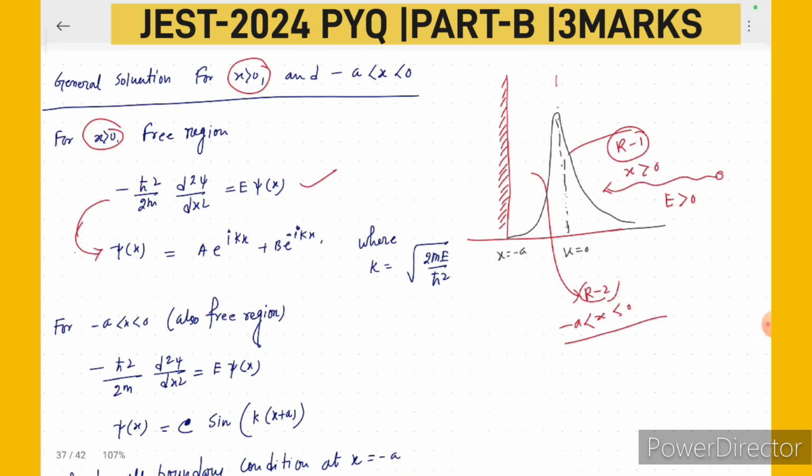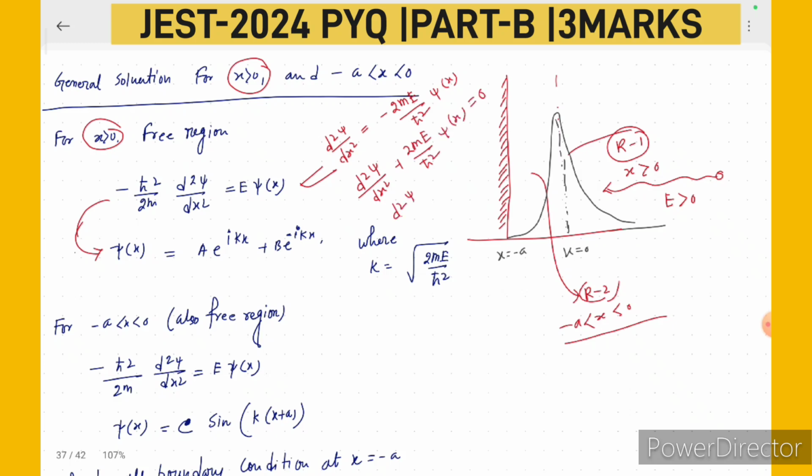So if we simplify it, d2 psi upon dx squared equals minus 2mE upon h-bar squared psi of x. So d2 psi upon dx squared plus 2mE upon h-bar squared psi of x equals 0.